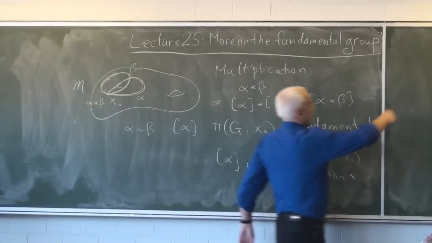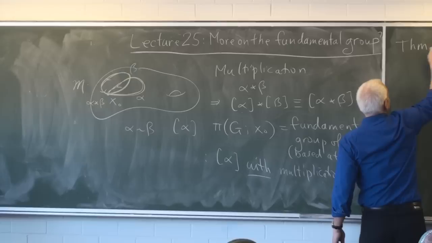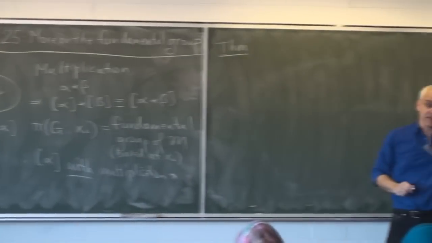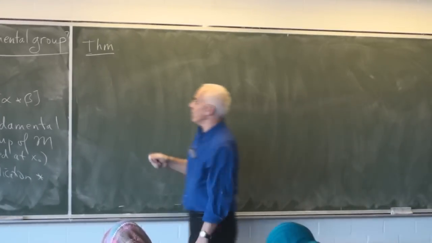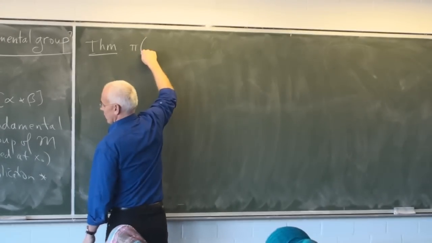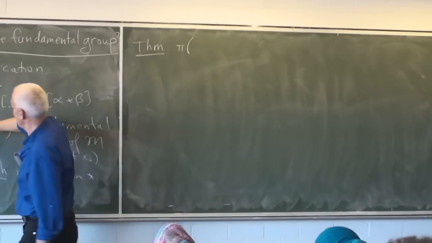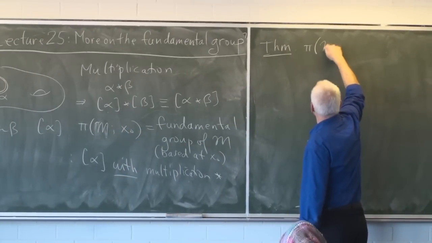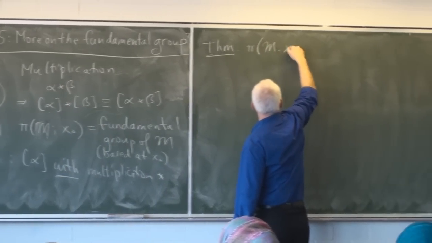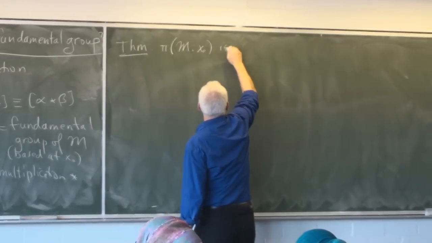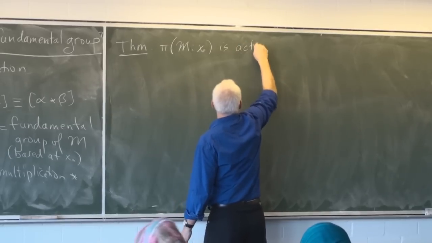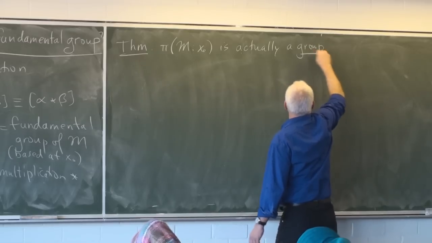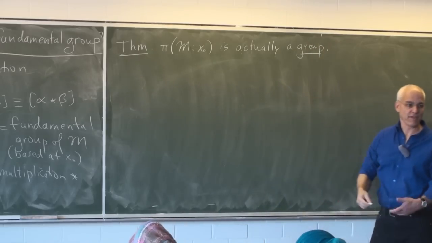And the first thing that we have to do today is to convince ourselves that this name is justified, that this object really is a group. So the theorem is that pi of M based at x0 is actually a group, in the technical sense of group theory within mathematics.